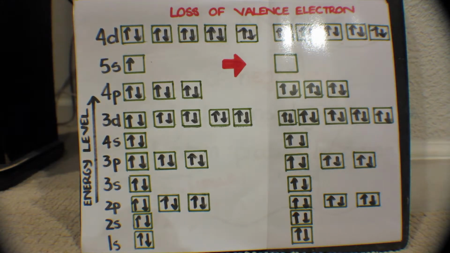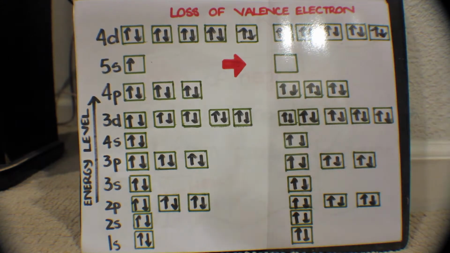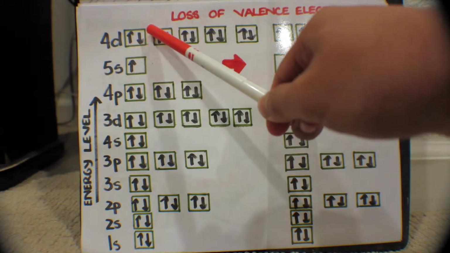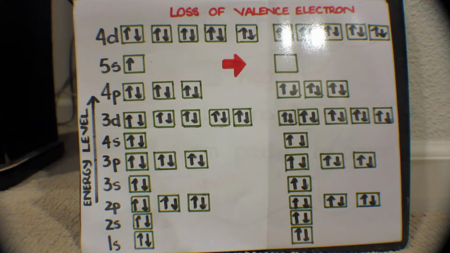However, if silver loses its 5s1 electron, the configuration that results, 4s2, 4p6, 4d10, with 18 electrons in the highest occupied energy level and all the orbitals filled, is relatively favorable. Such a configuration is known as a pseudo-noble gas configuration.